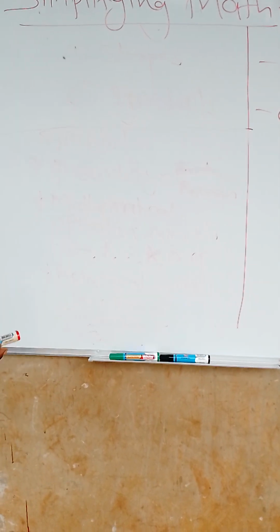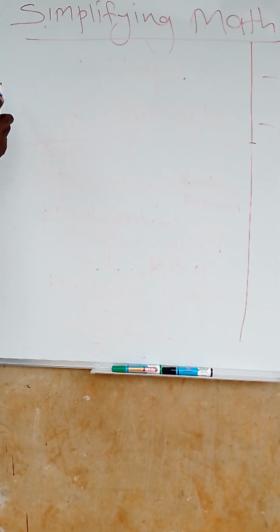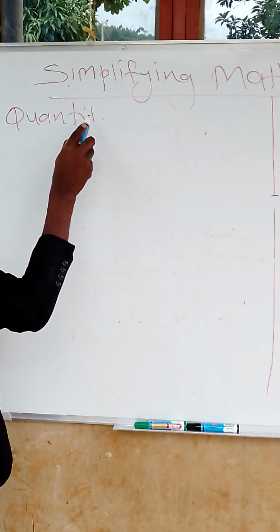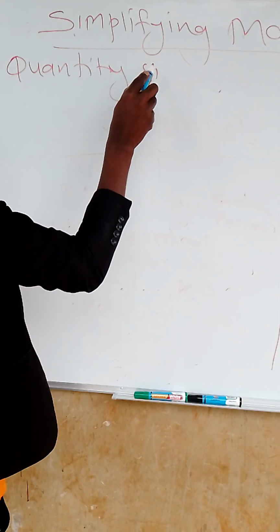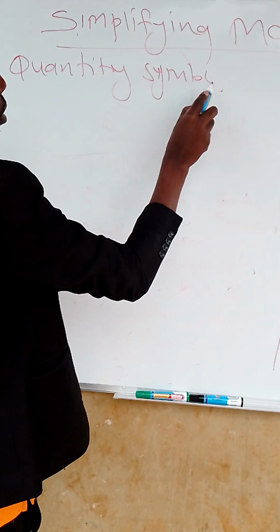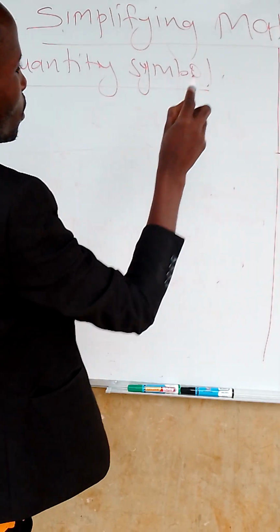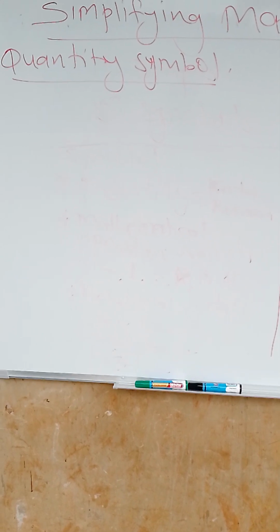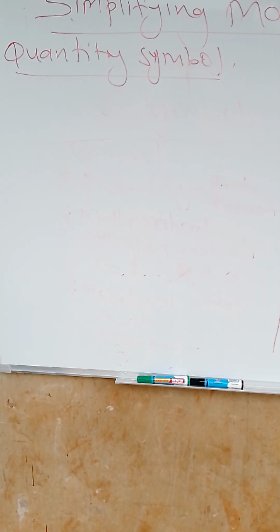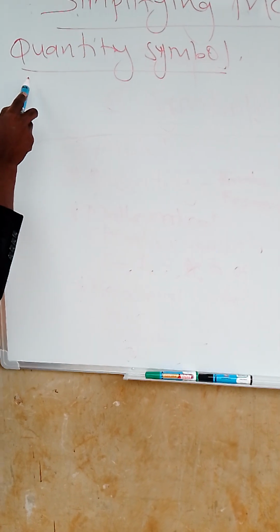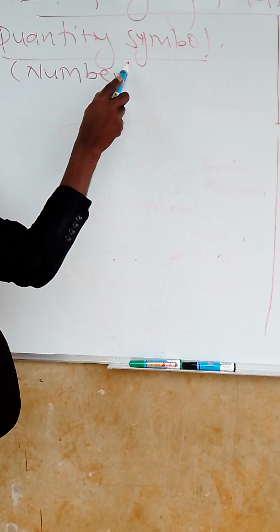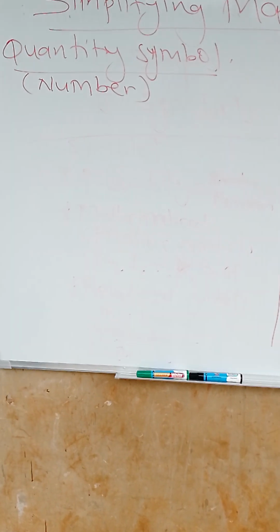The quantity symbol is a number. A number is a symbol that shows quantity.